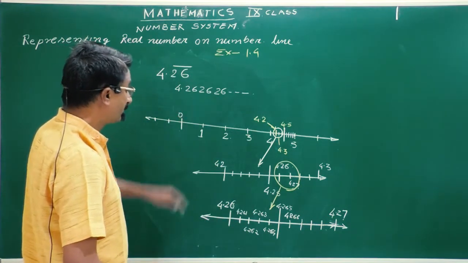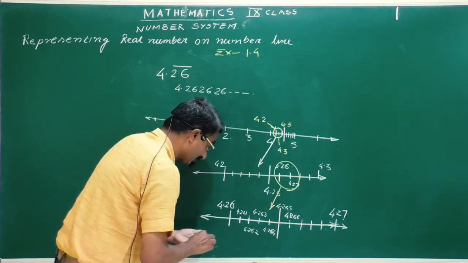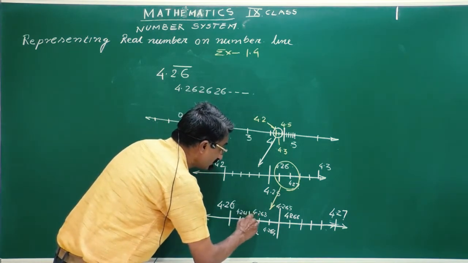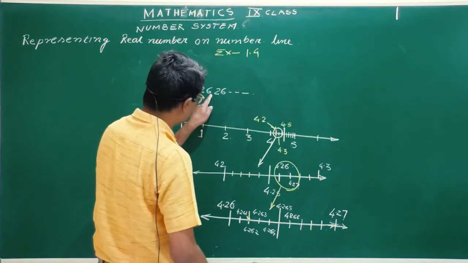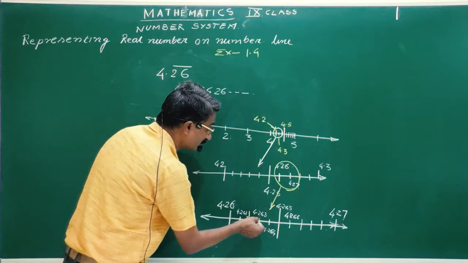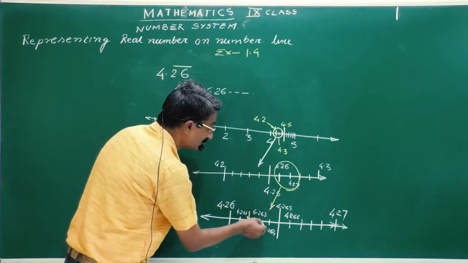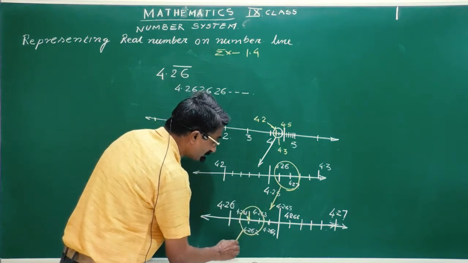We need 4.262, so this is the point 4.262 here. Again 2, 6, 2, 6. So this will lie in between 4.262 and 4.263. So we will magnify this portion and again we have to draw.